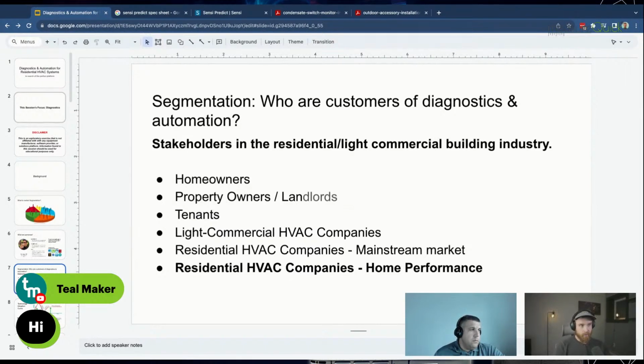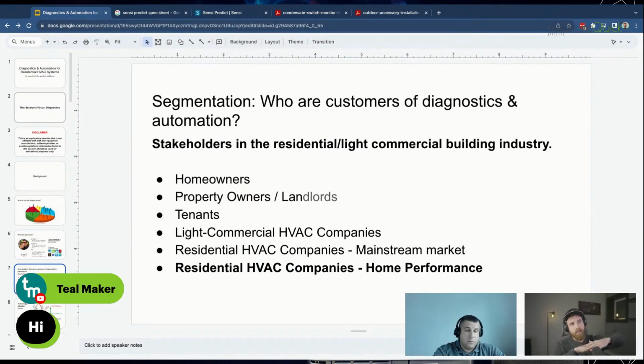There is not a return on investment for installing a building automation system. So you have this void under 100,000 square feet, which is a huge amount of buildings in the market, whether they're light commercial or residential.